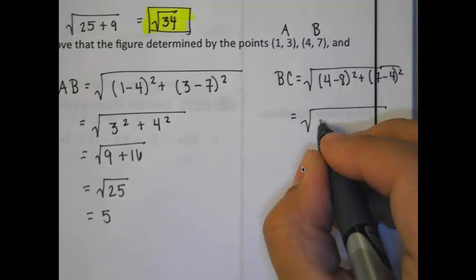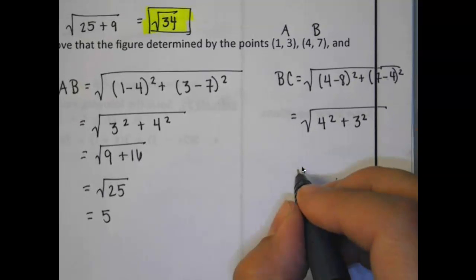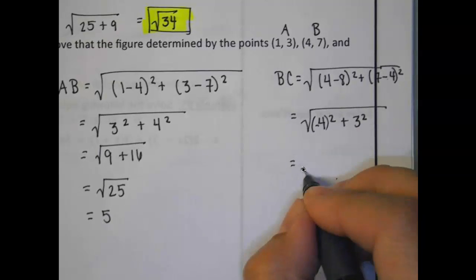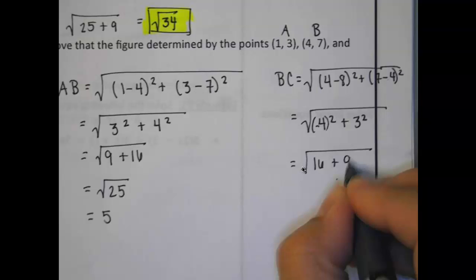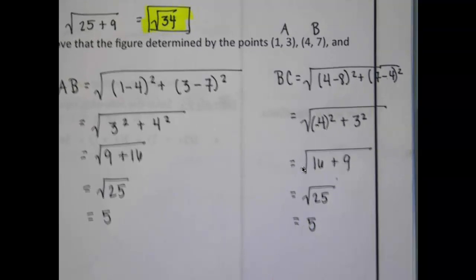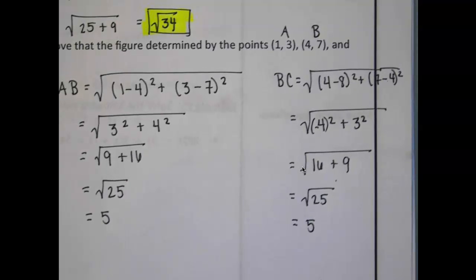This is negative 4 squared plus 3 squared. So this is 16 plus 9, square root of 25, which is 5. So already we know that it's going to be either isosceles or an equilateral triangle.